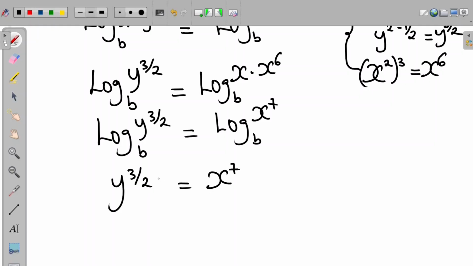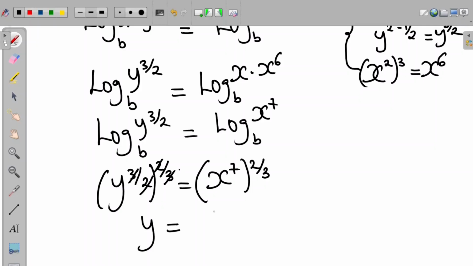So at this point, we multiply the left-hand side by 2 divided by 3 and multiply the right-hand side by 2 divided by 3, so 2 cancels out 2 and 3 cancels out 3, so y will be equal to, now we know that if we have a raised to the power of 2 divided by 3, this can be expressed as cube root of a raised to the power of 2.